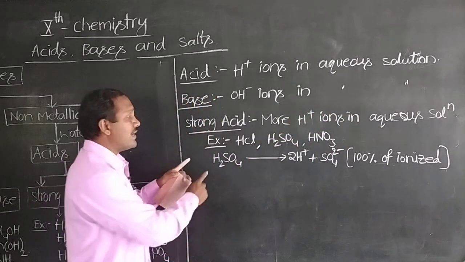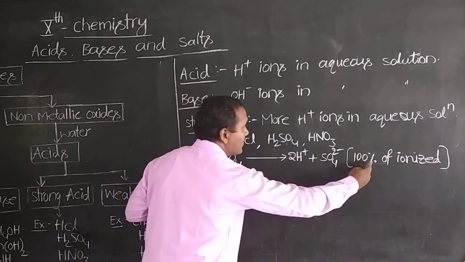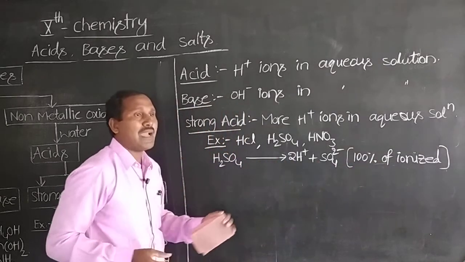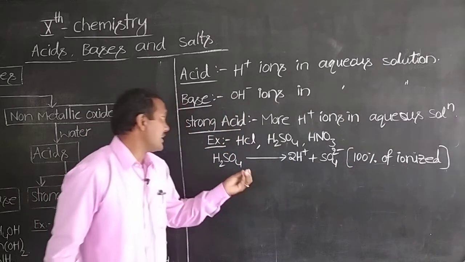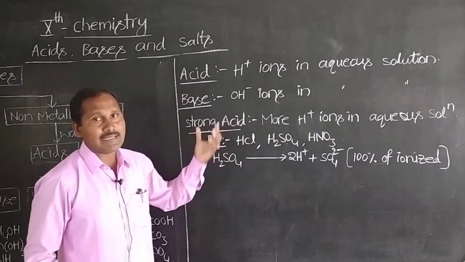In this reaction only the forward reaction takes place, not the backward reaction. That type of acid is called a strong acid.